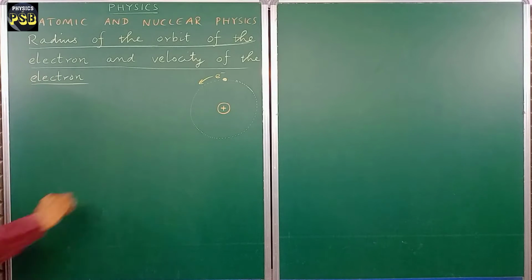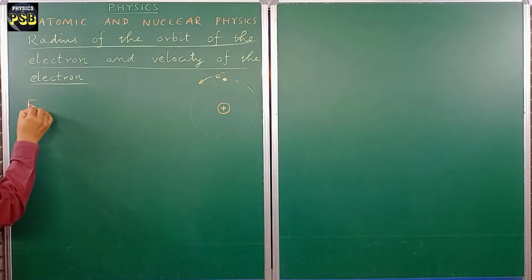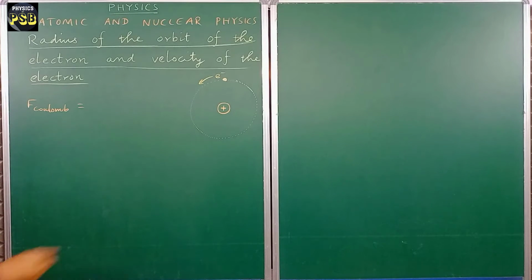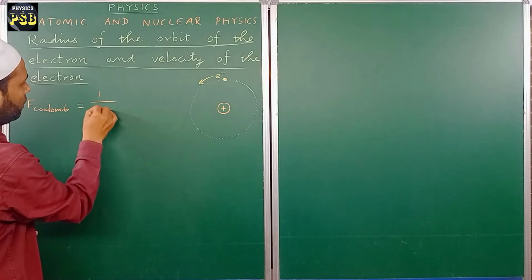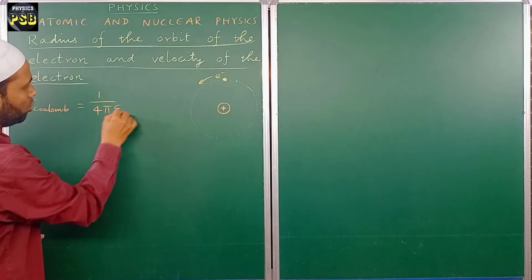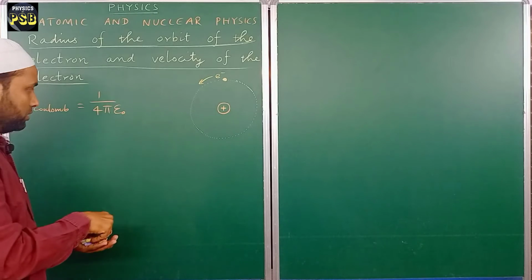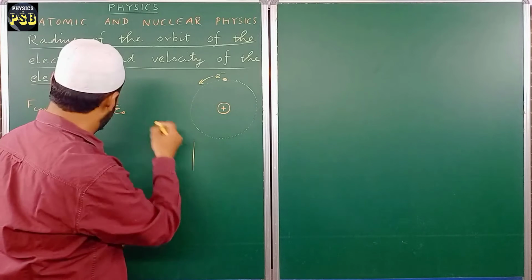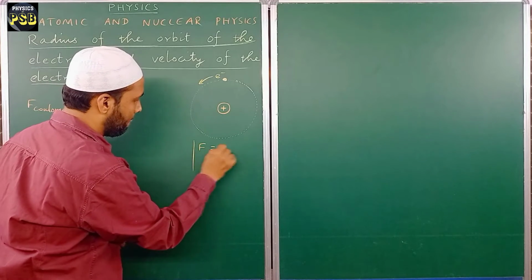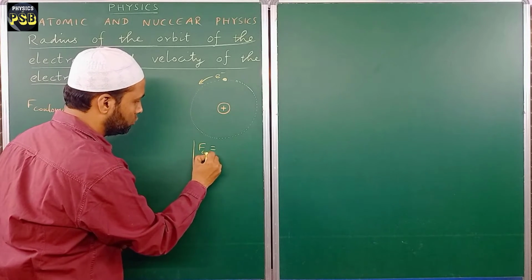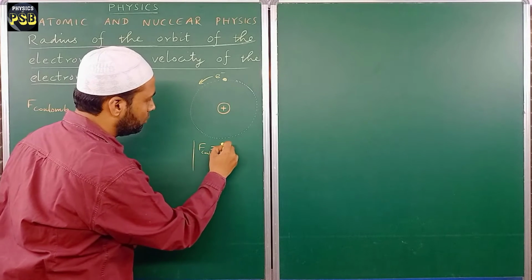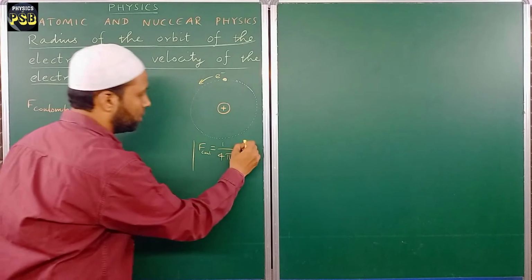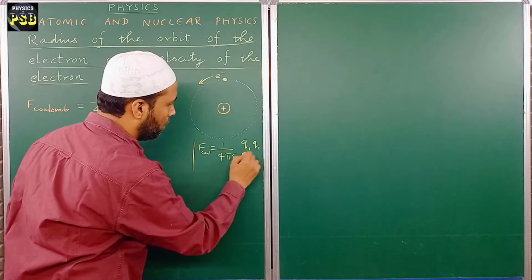Here, Coulomb's force is 1 upon 4 pi epsilon naught, Q1 Q2 upon r square.